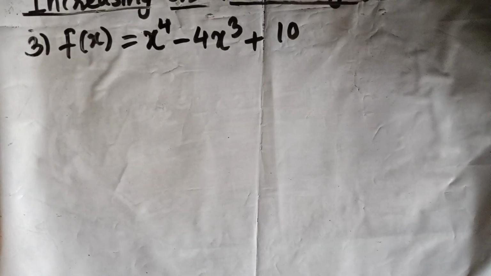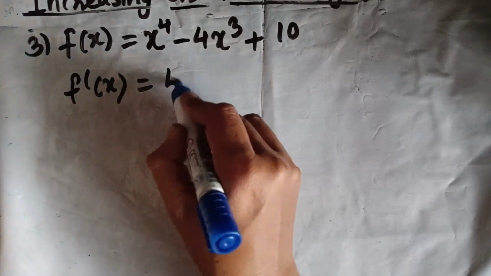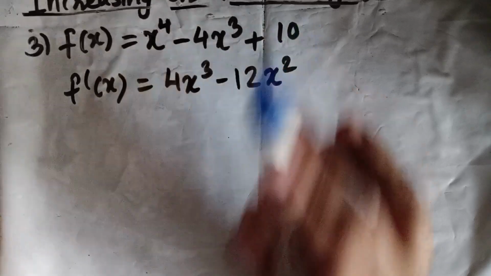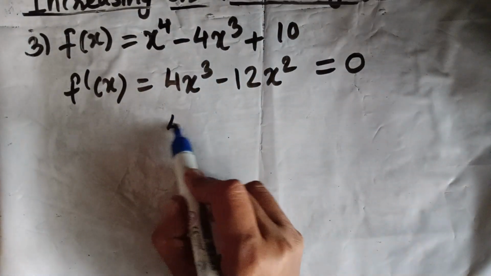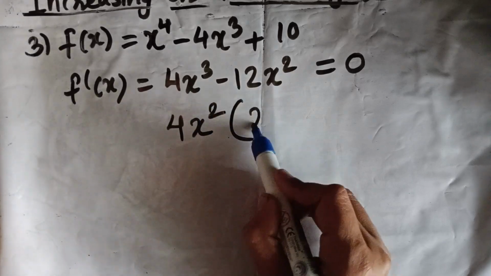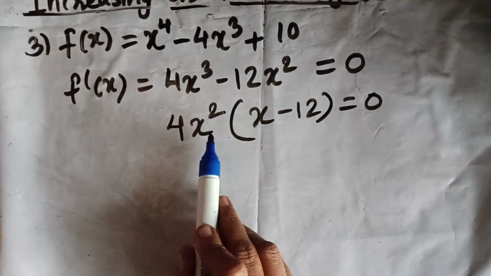Okay, let's solve for this. We'll find all the four things, that is strictly increasing, strictly decreasing, increasing and decreasing. Start with the derivative: 12x squared times something, and this is 0. So putting it equal to 0, taking common factors.